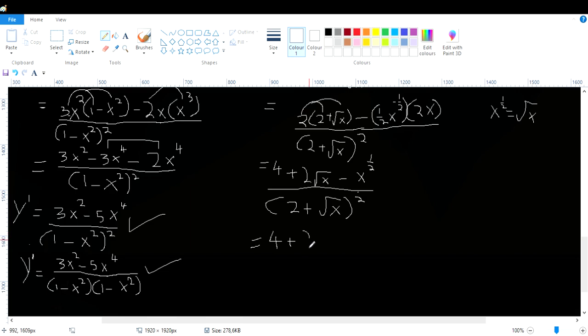Is 2 root x, then minus root x. This is root x, then all divided by (2 plus root x) all to the power 2.